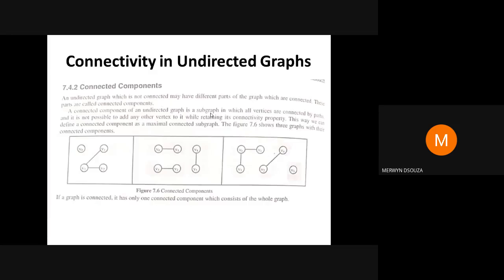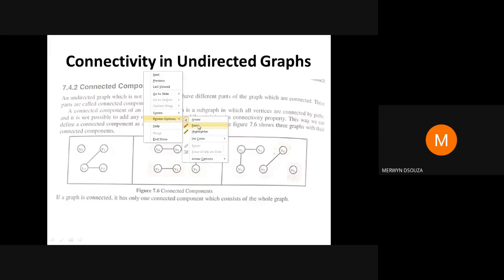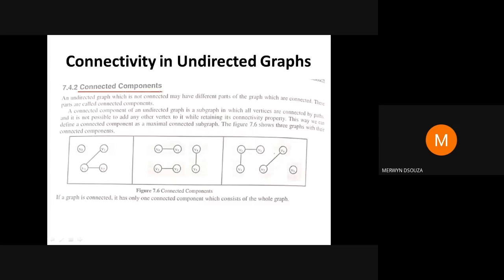The next definition that you need to know about connectivity in undirected graphs is connected components. There may be graphs where the entire graph is not connected, but the subgraphs may be connected. So the components of the graph may be connected. For example, in this, if you look at the entire graph, it is not connected. This vertex is not connected to the other vertices, so it's not a connected graph.